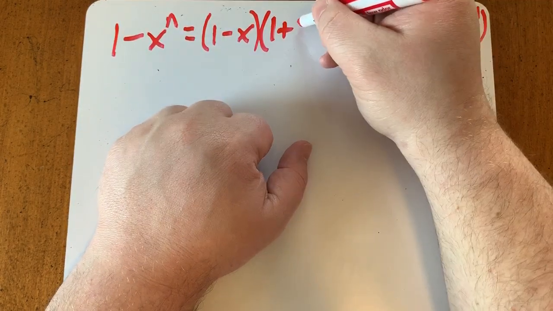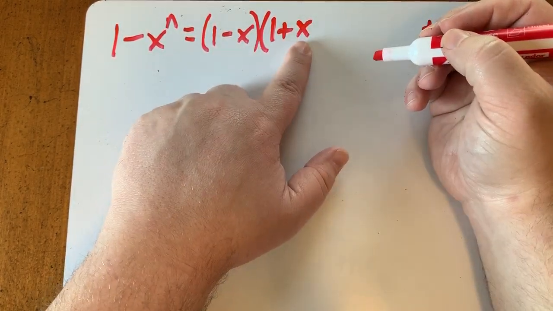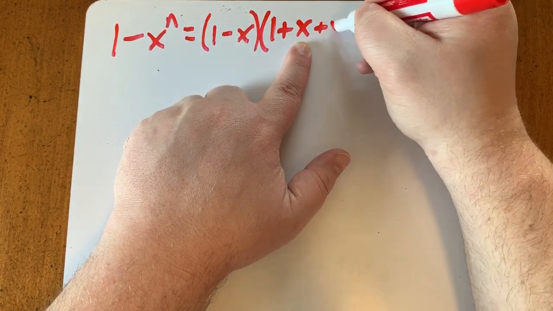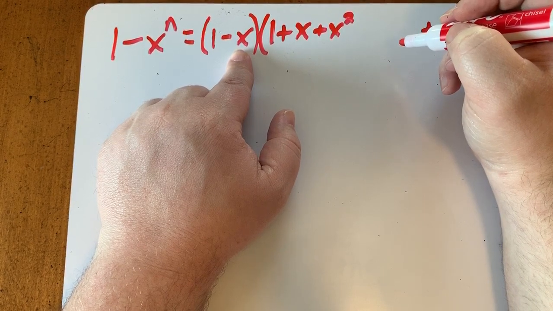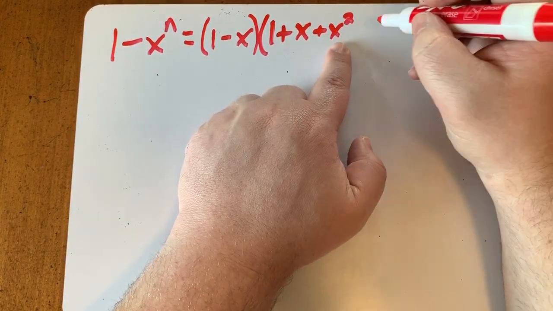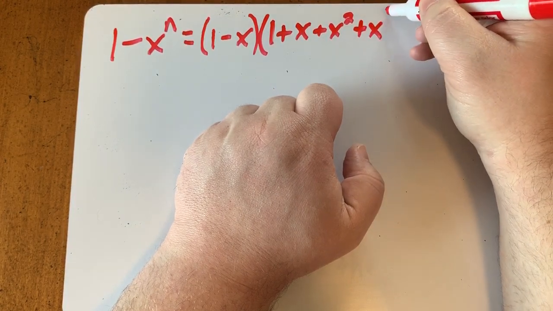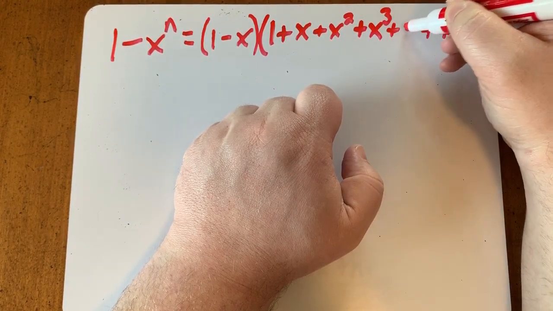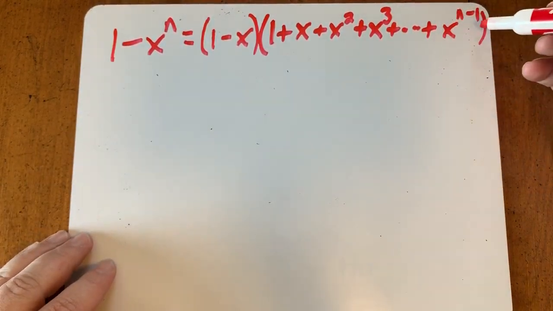So we'll need a positive x to counteract that. So plus x. And then if we distribute that, we'll have a negative x squared. So we need a positive x squared to counteract that. If we have a negative x times x squared, that's negative x cubed. We'll need a positive x cubed to counteract that. And it would continue like that over and over again until we get to the end.